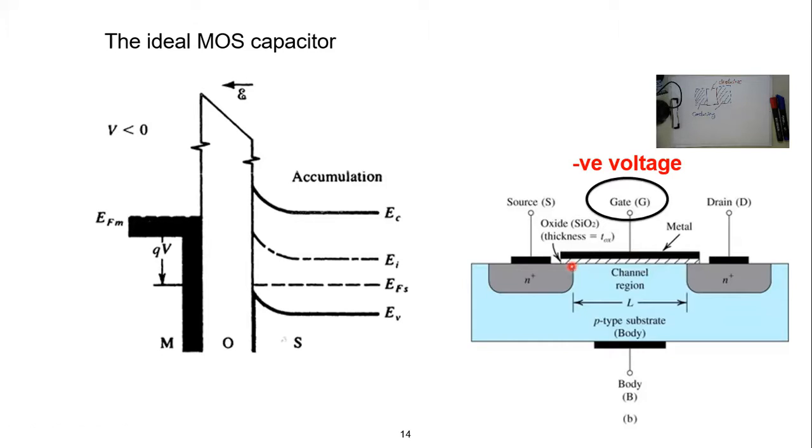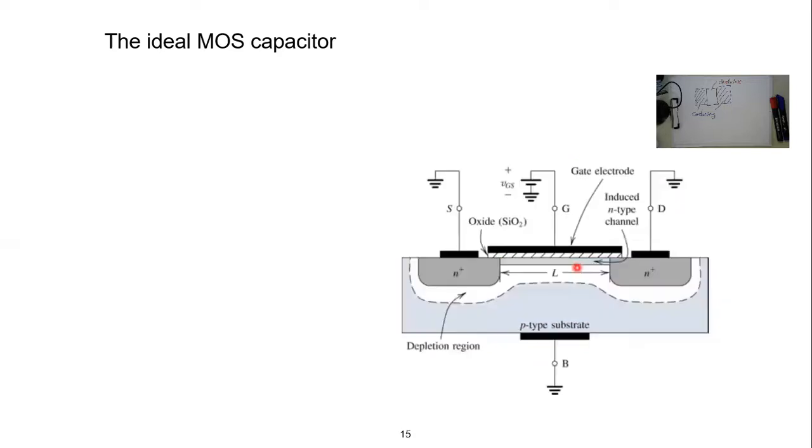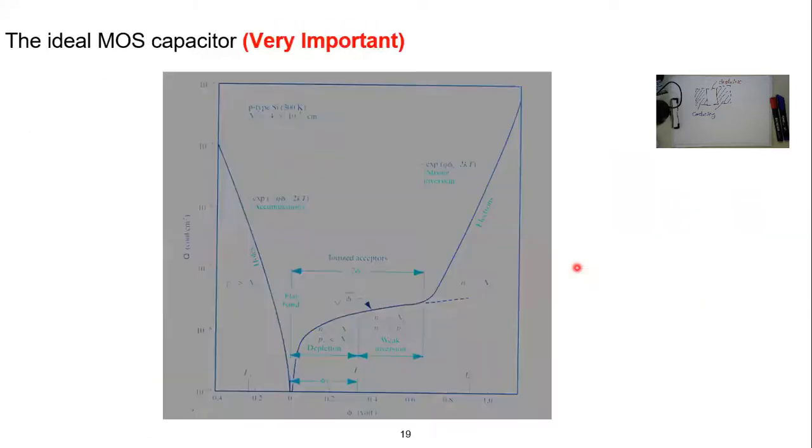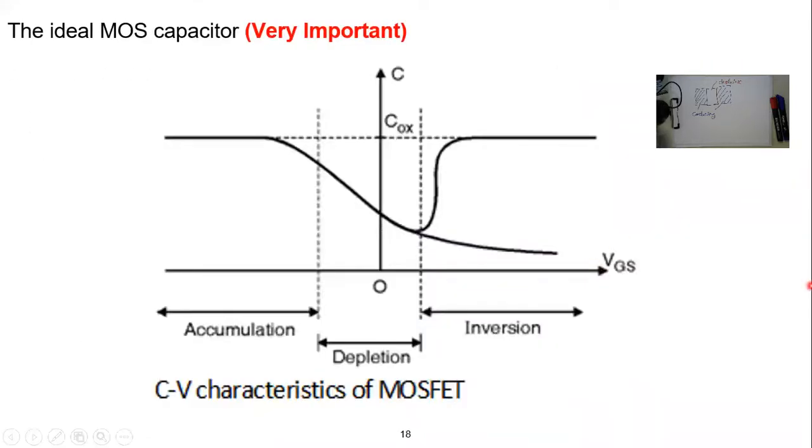It simply means that it's more and more conductive, because the conductivity increases by increasing the carriers, electrons or holes. So now you increase the conductivity of this portion of the material by putting a negative voltage, because you attract more and more holes. So if you go now to the CV curve, now this is the accumulation region.